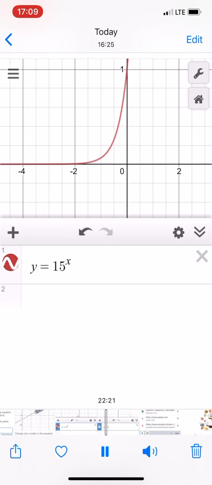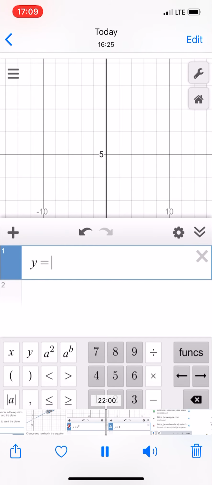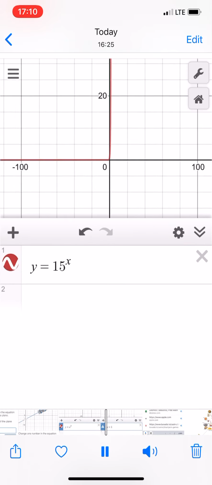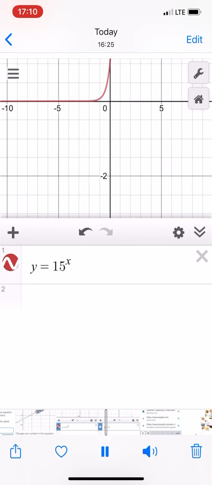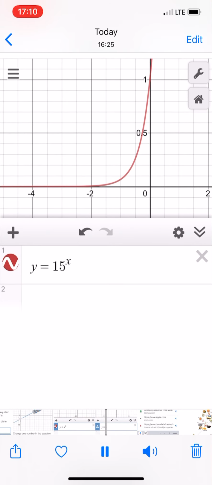Now, this was the rational, exponential function that we had to graph at one point last quarter, and it looks like the side of a rectangle, but when you zoom in, oh well, it's not, is it? It's curved. Well, why is that? Well, because 15 to the negative 1 is 1/15, right? And 15 to the negative 2 is 1/225.